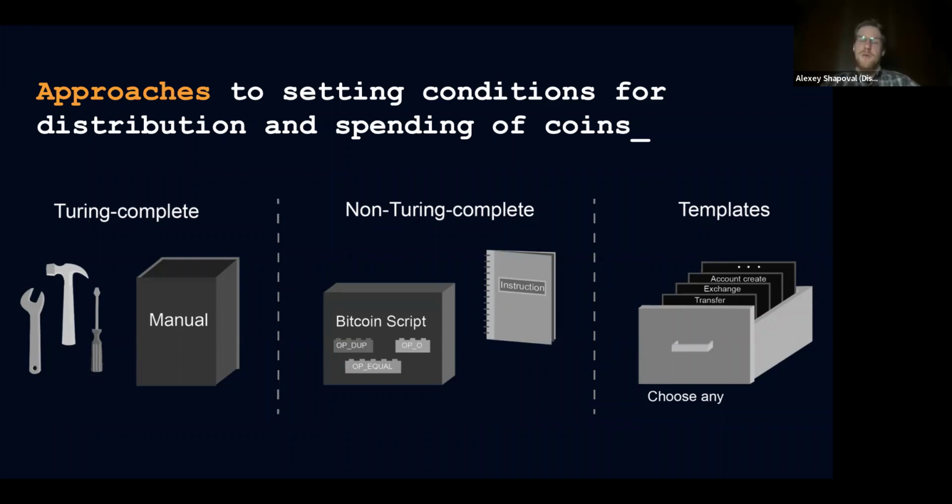Generally, working with templates is more effective compared to non-Turing complete and Turing complete languages, because you are operating with something which is already pretty much standardized and optimized by the developers of the system who know their product best, and that's why it will be more efficient.